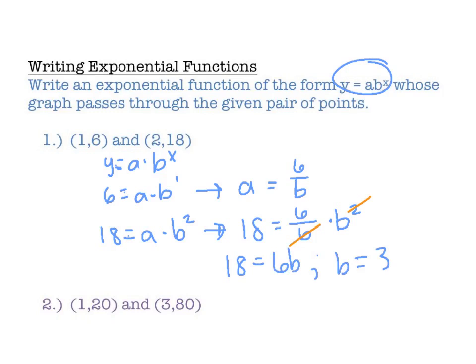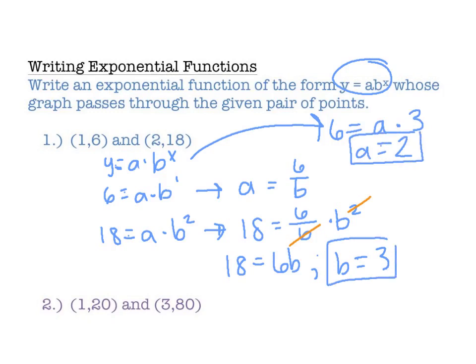Now I want to figure out what a would be equal to. So now I have 6 is equal to a times 3, and a in this case would be equal to 2.